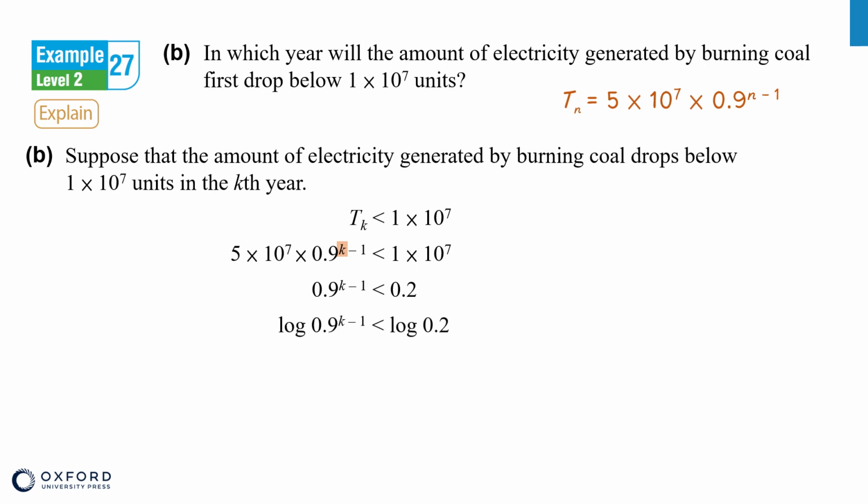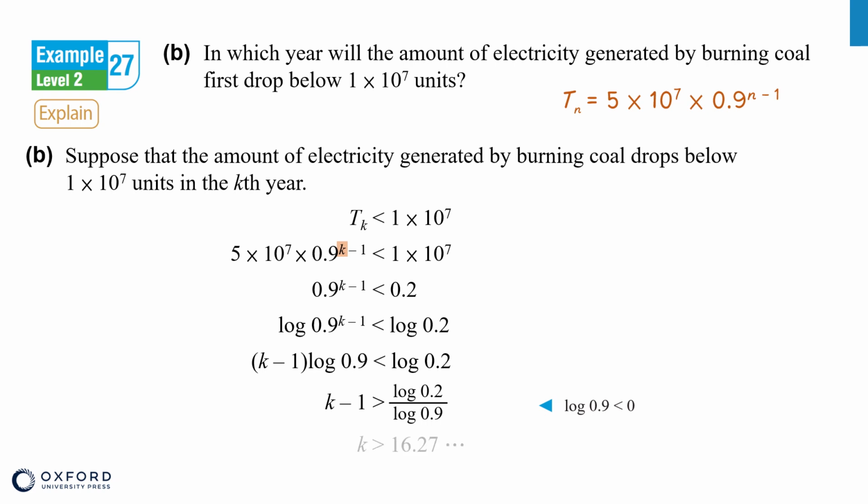Take the logarithm of both sides, then bring down the index k minus 1. We've got k minus 1 times log of 0.9 is less than log of 0.2. When dividing both sides by log of 0.9, do remember to reverse the inequality sign as log of 0.9 is less than 0.